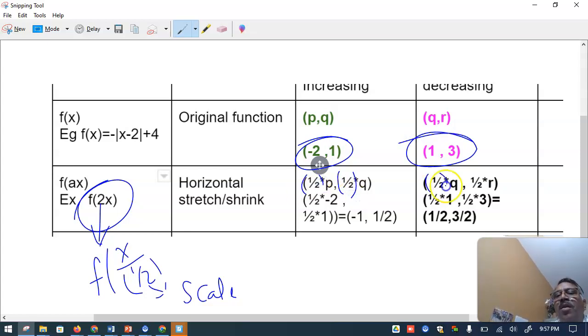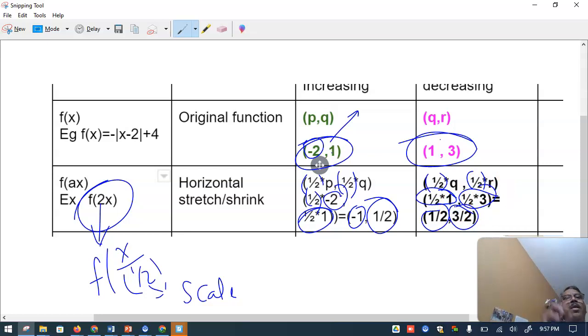Everything is multiplied by half. That's all you do. Half of -2 is -1. Half of 1 is half, and half of 3 is 3 by 2, and you're done.